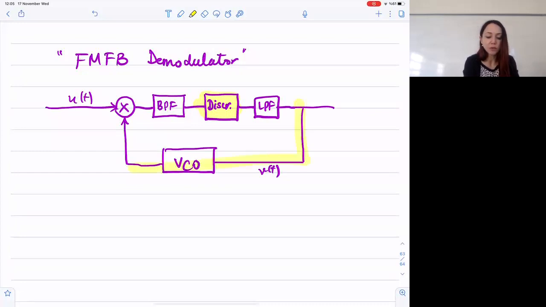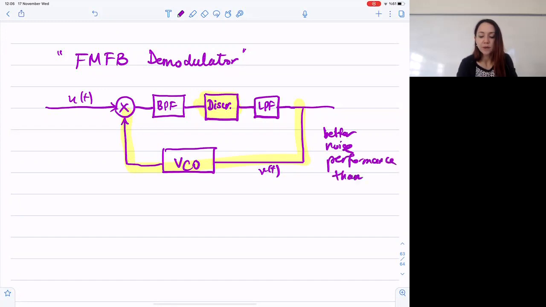What is the reason for the feedback loop? The reason is immunity against noise. So this has better noise performance than the direct demodulation method. When we come to noise analysis later on, we will revisit this.